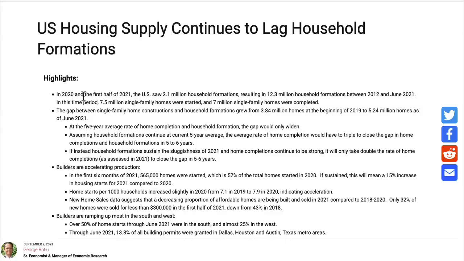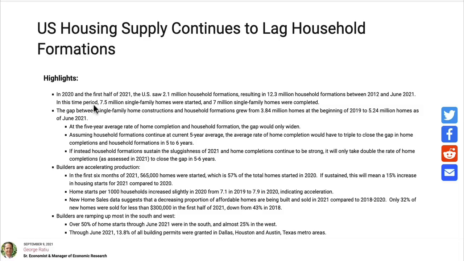In 2020 and the first half of 2021, the U.S. saw 2.1 million household formations, resulting in 12.3 million household formations between 2012 and June 2021. This is a killer here.